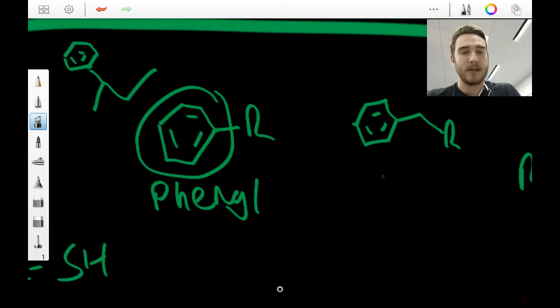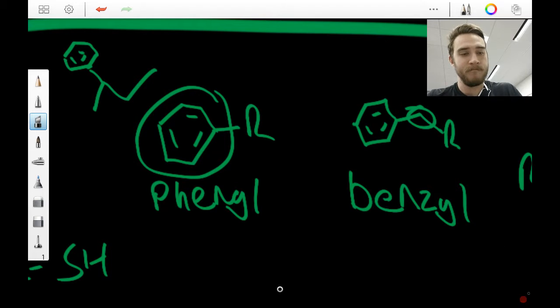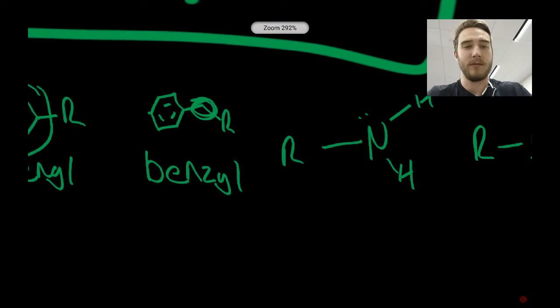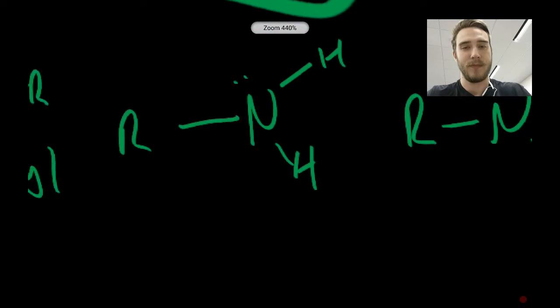This one right here, this is a little different. When there's another carbon in between, we would call this a benzyl. You can kind of remember the difference because there's a bend in between the benzene ring and the molecule. Dumb way to remember it, but it might stick.